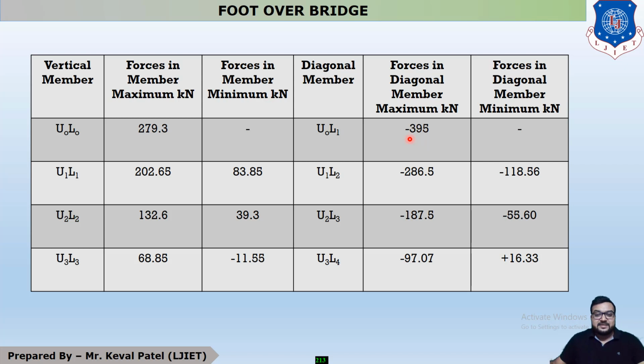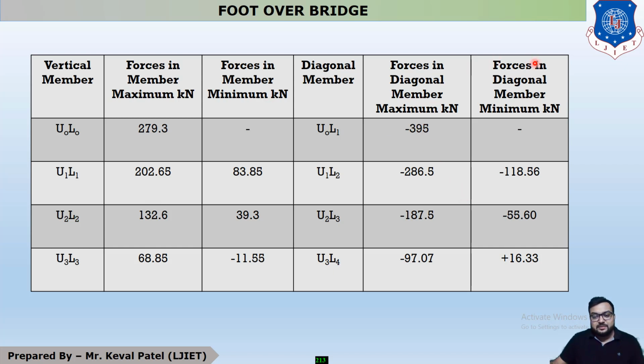Now the minus sign indicates tension, and it was already discussed that if the vertical member is subjected to compression force, then at the same time the diagonal member is subjected to tensile force. All the calculations remain the same: you multiply the force of the vertical member by 1.414 and you get the answer for the diagonal members.